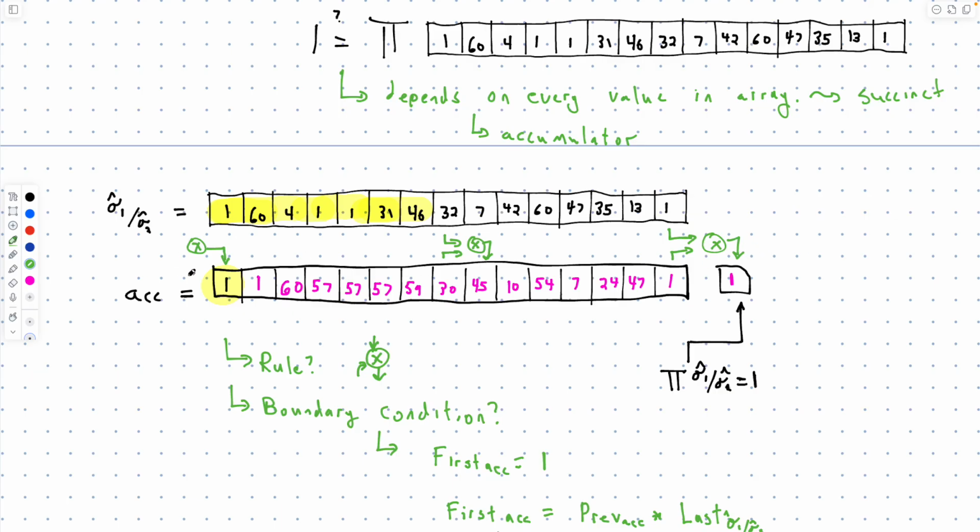There is no previous element. Now, because we're using roots of unity, these things wrap around, so the previous element will actually be the last element of the other array, all right?